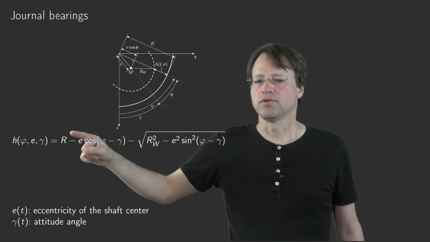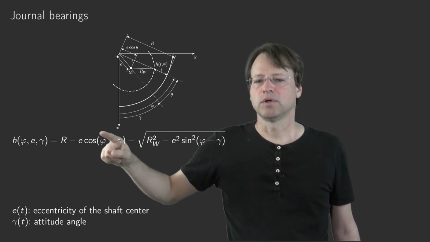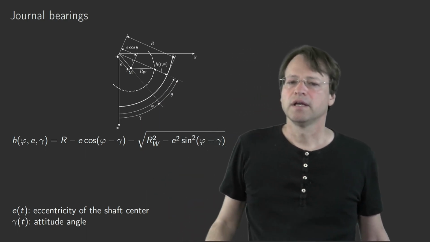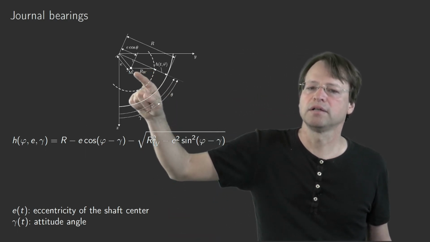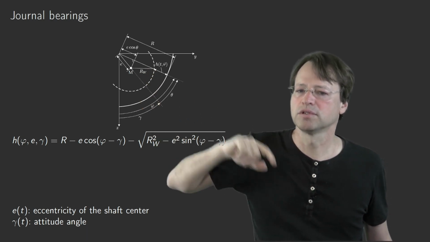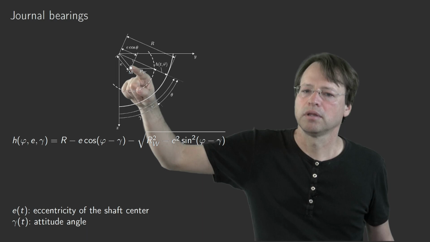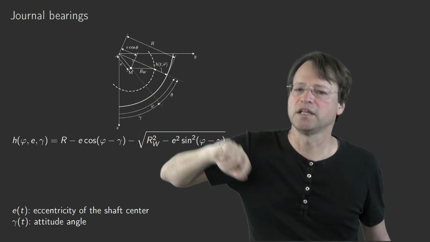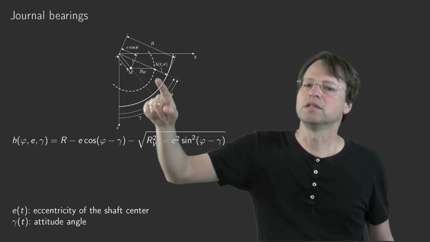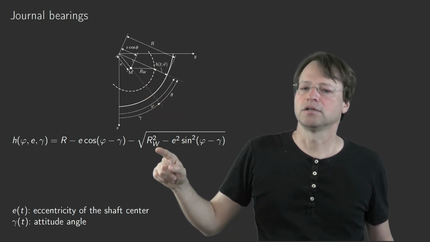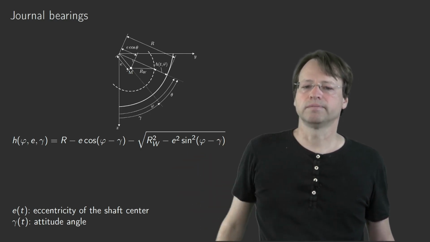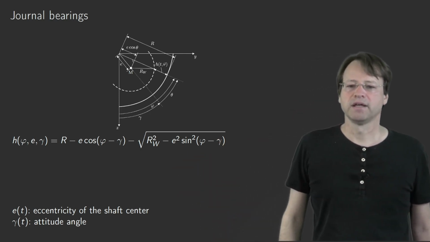The first one is e cosine of theta, which is phi minus gamma. And the second triangle is analyzed because we know the hypotenuse. We know that length, which is e sine theta. And then from the theorem of Pythagoras, we get the other length, which is then R squared minus e squared sine squared theta. Okay.